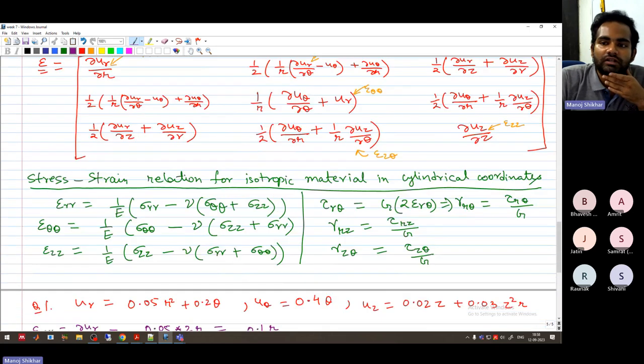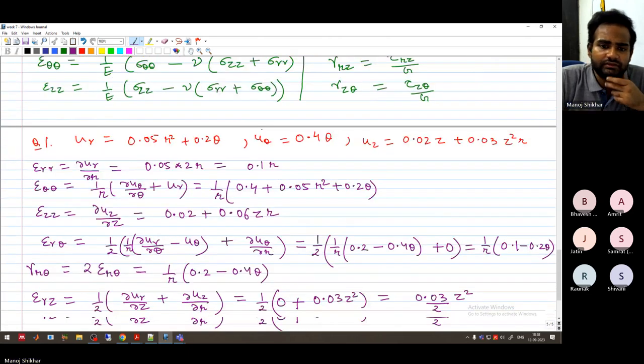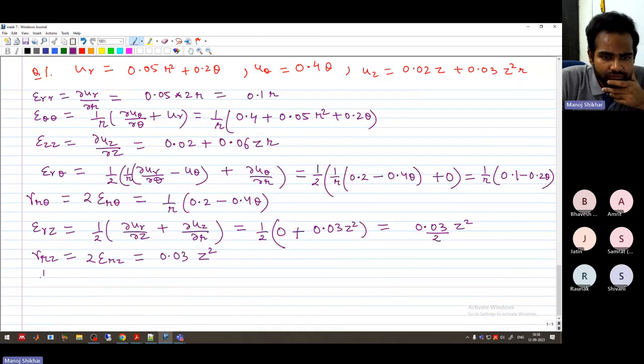Okay. Last but not the least, we have to find gamma z theta. So 1 by 2.